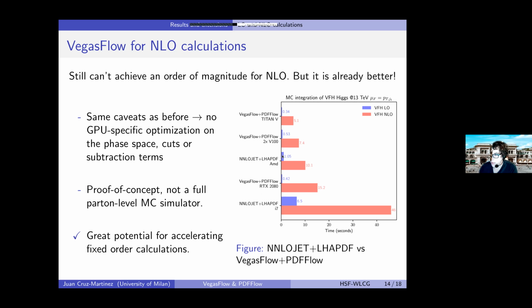One thing maybe worth mentioning, which might seem strange in this plot, is that the two V100 were worse than the Titan V because they were sitting in a much worse computer.